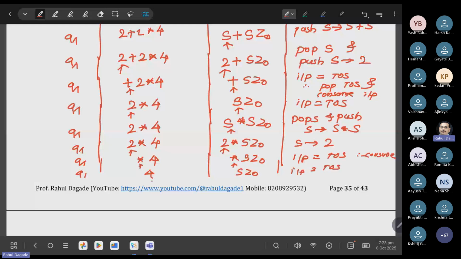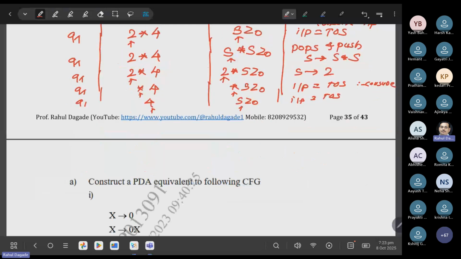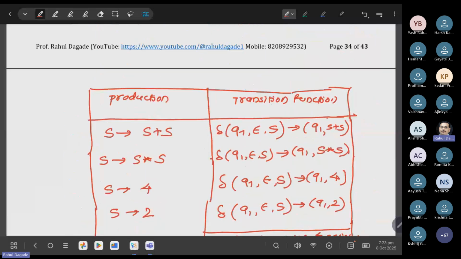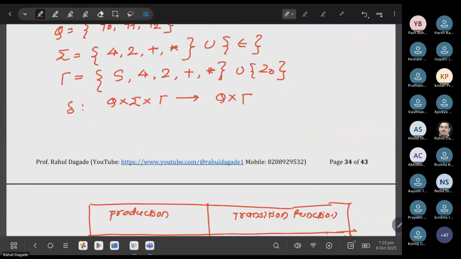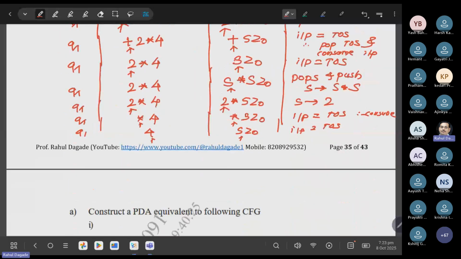Now 4 is not matching with S, so replace S with its production. So that is Q1, the remaining input is 4 and S gives 4 Z0, that production is added. So which production is used? S gives 4 is pushed on the stack.